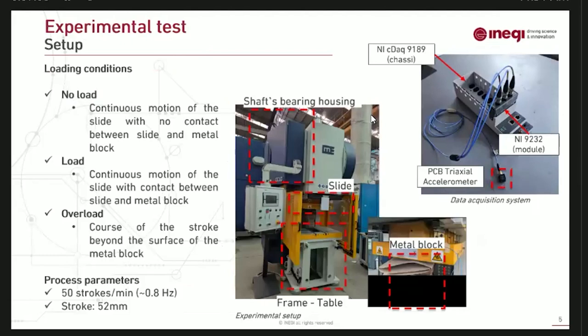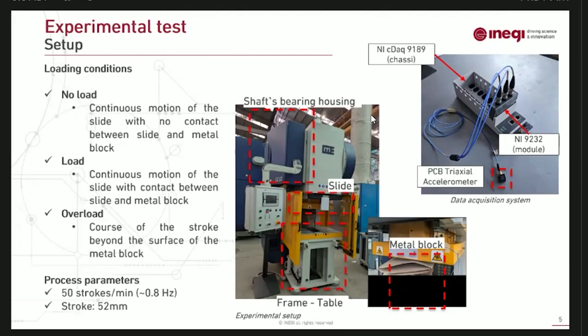It's different from the one that is being developed, but it is a new press in healthy condition, and we used some accelerometers and got data from this press, which has the same main components as our press, the slide, the frame and bearings, and we used three loading conditions and obtained data from that.